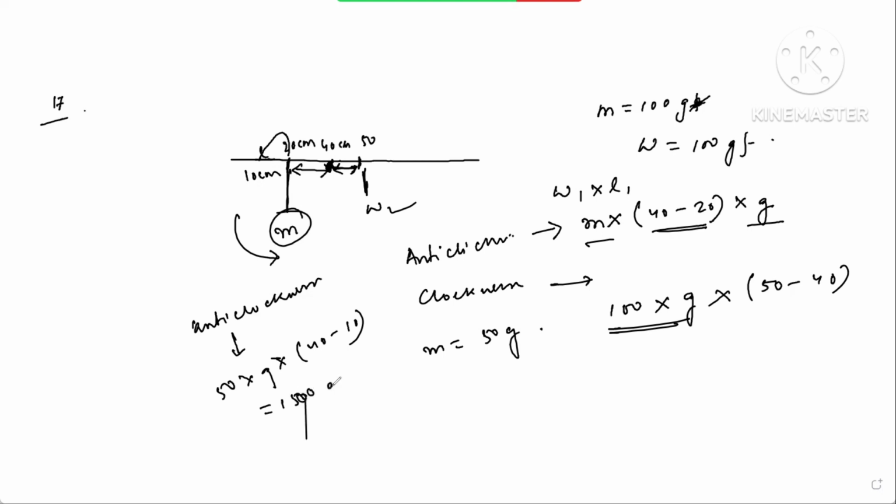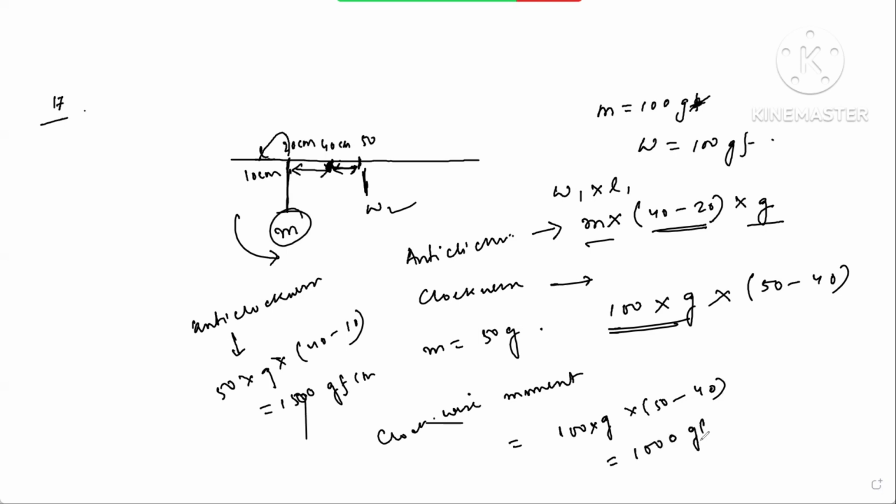1500 gram force centimeter is the moment, and clockwise moment equals 100 into g into 50 minus 40, because this distance is the same, so it is 1000 gram force centimeter.